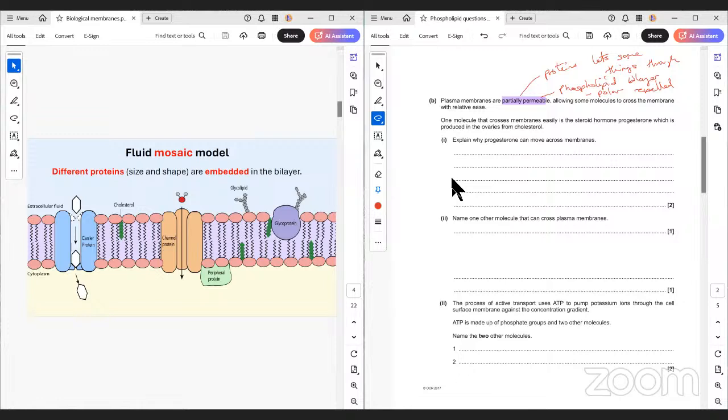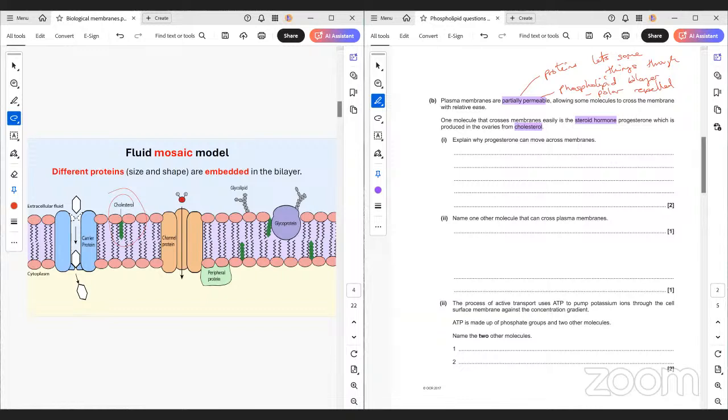So let's see what the question is actually asking. The plasma membranes are partially permeable, allowing some molecules to cross the membrane with relative ease. One molecule that crosses the membrane easily is the steroid hormone. They've given us a little hint here. They've told us it's a steroid hormone, which is produced in the ovaries from, oh look, cholesterol. Again, they've given us a bit of a hint. We know that the cholesterol is able to sit inside the phospholipid bilayer because it is a non-polar substance.